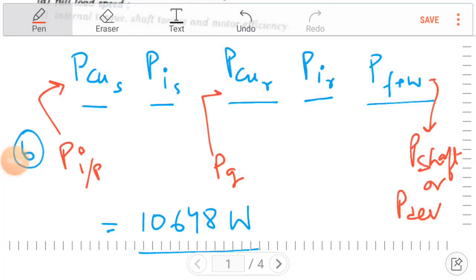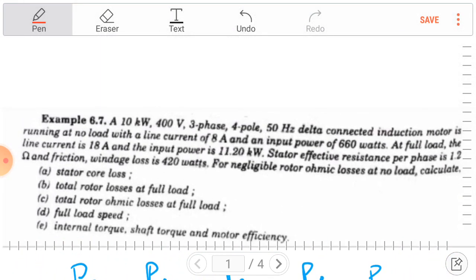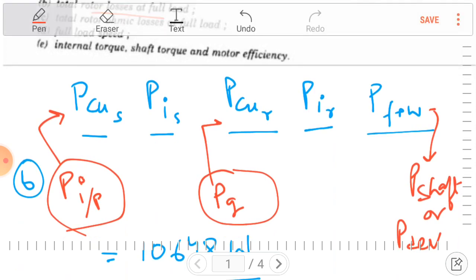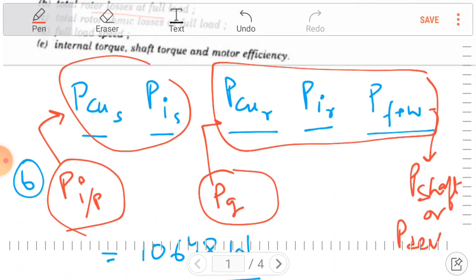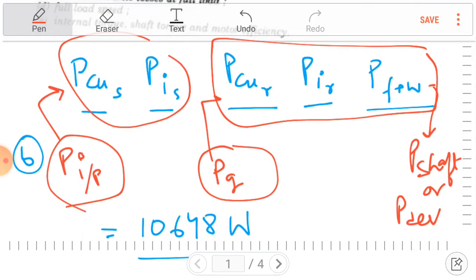So at input of the motor we have 11,200 watt power. After stator losses we get air gap power 10,648, and in option B we have to find the total rotor losses at full load. So this is the stator side, and rotor losses at full load will be equal to core loss, iron loss and friction plus windage loss.